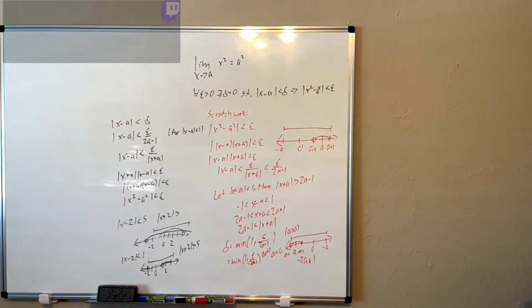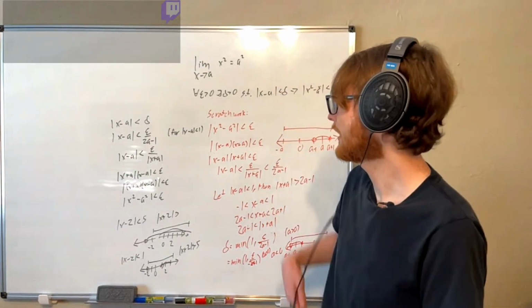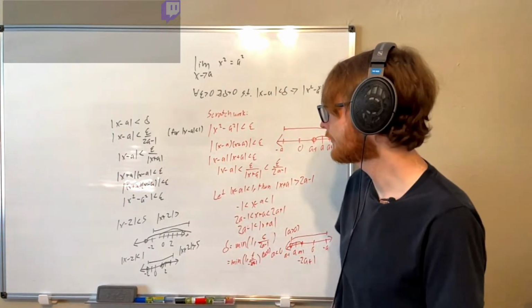The goal was to satisfy |x minus 2| is less than epsilon over |x plus 2|. Yeah, we basically want this.